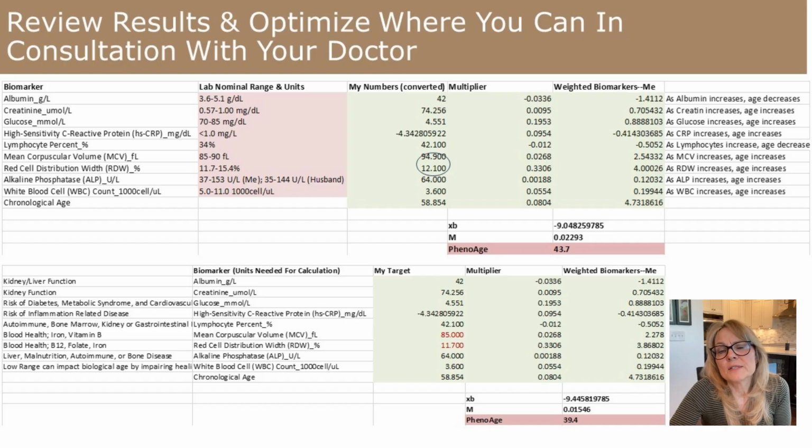So if I was able to simply bring that down into the nominal or optimal range, I would improve my biological age, and the same with my red cell distribution width. So those two things are things that I would like to target, bringing them further into range, and that could actually bring my biological age down from 43.7 to 39.4.